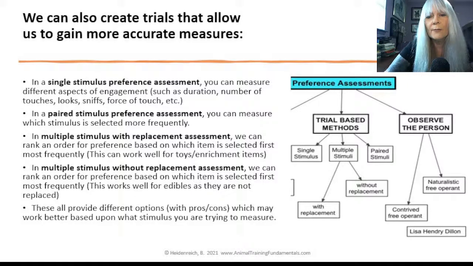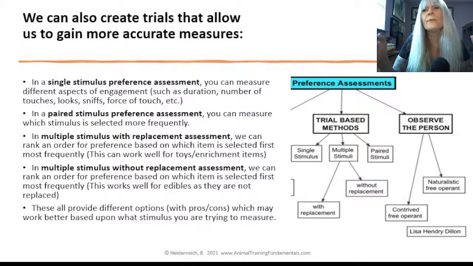If you look at this chart, on the right it says observe the person, but we're just going to call that learner. In our case, it's an animal. On the right is what Al was describing about the free operant situation, where we have the animal in its environment. Maybe we've created an environment with lots of opportunities for the animal to engage with things, or maybe we don't have those things set up.